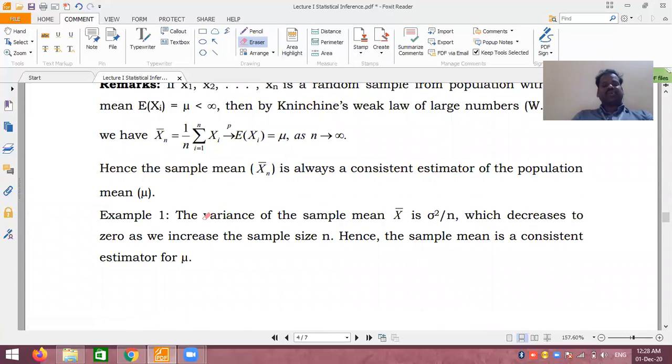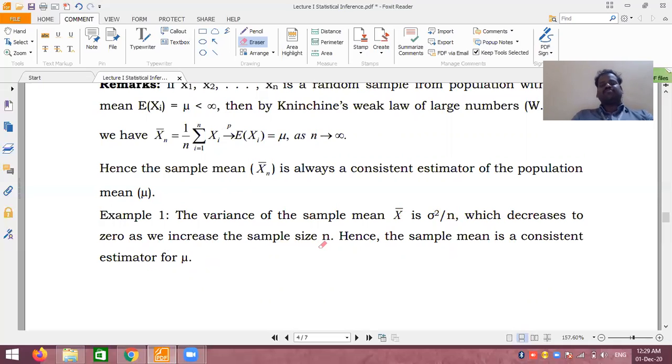We will see one example. The variance of the sample mean x bar is sigma squared divided by n. This is the sampling distribution of the sample mean x bar. Its variance is sigma squared divided by n, which decreases to 0 as we increase the sample size n.